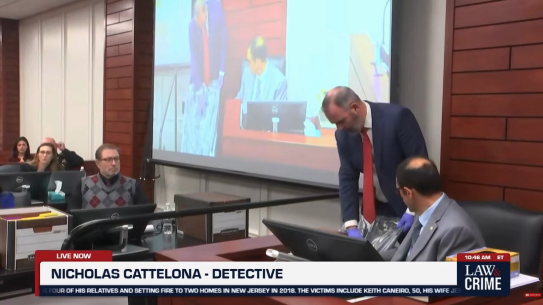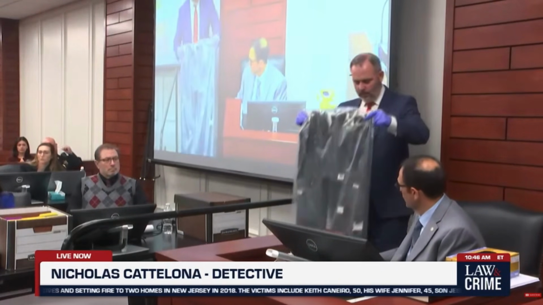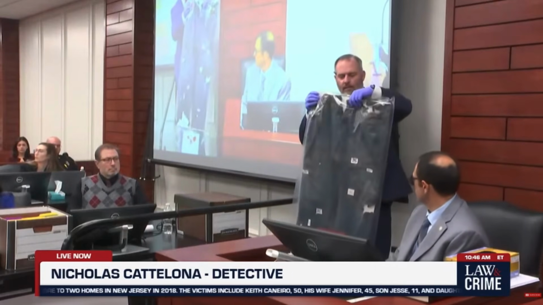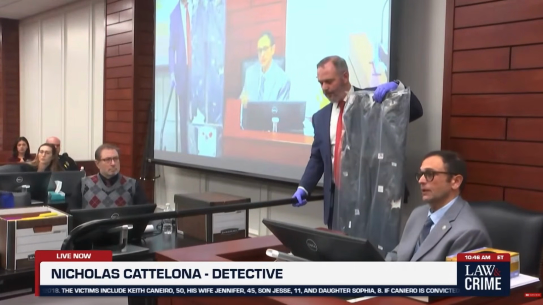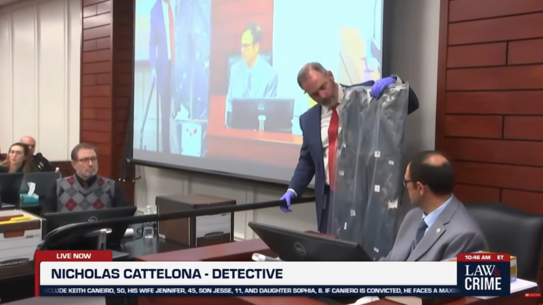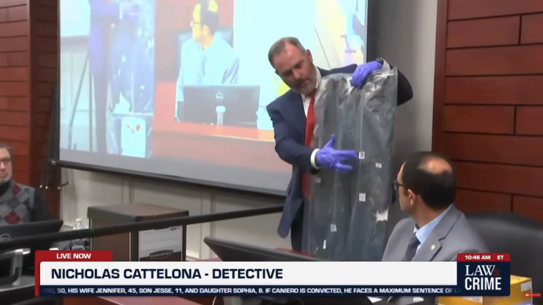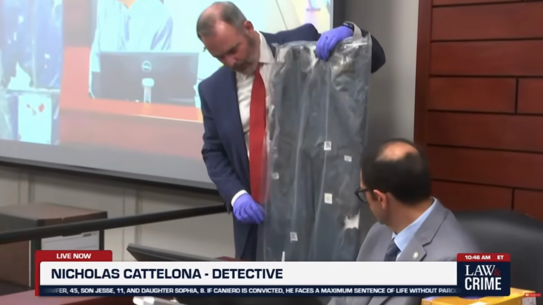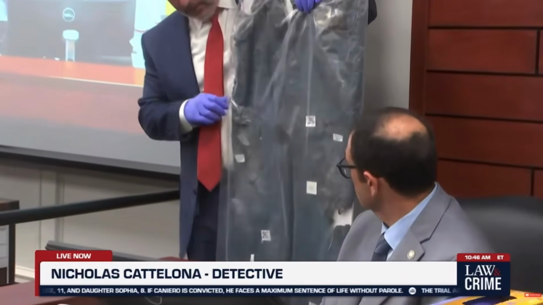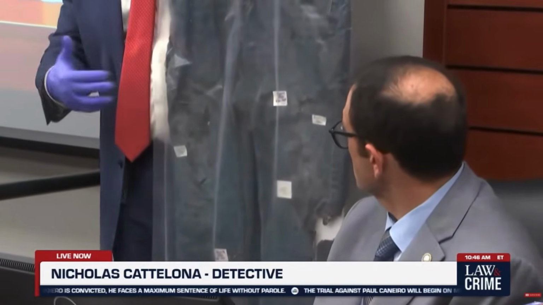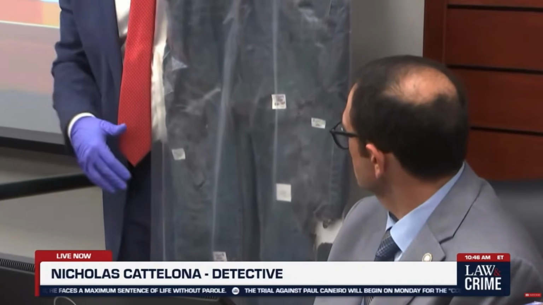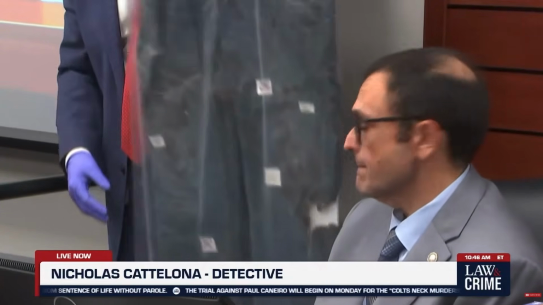Now, there are some white tags on the jeans, correct? Yes. And what do those represent, if you know? Those are areas of testing that were done by the New Jersey State Police. So you didn't create those, correct? No. Now, again, this is heat sealed, correct? Yes. And the presentation as it stands today is so people could see it, right? Yes.